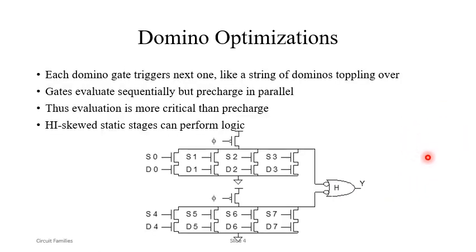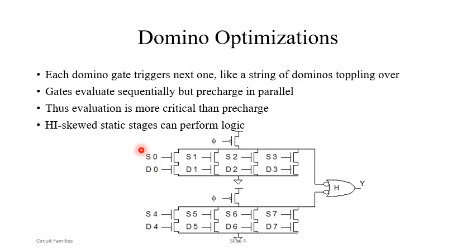Next, domino optimization. In domino optimization, the diagram is replaced by high-skewed static gates using CMOS implementation. Each domino gate triggers the next one, like a string of dominoes toppling over. Gates evaluate sequentially but pre-charge in parallel.